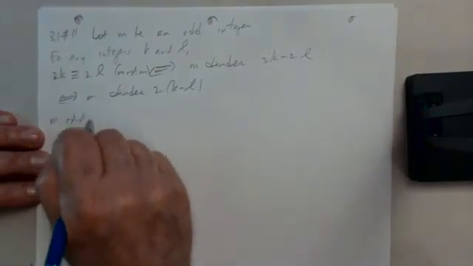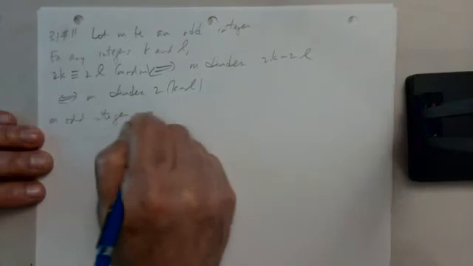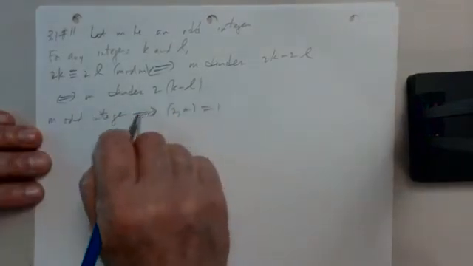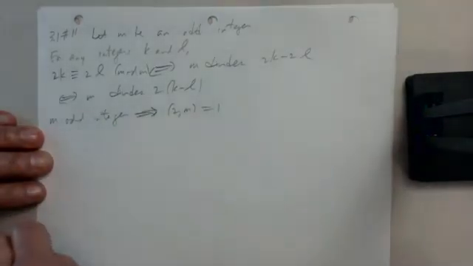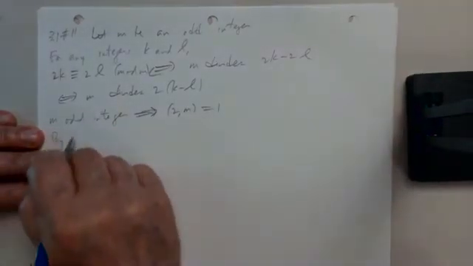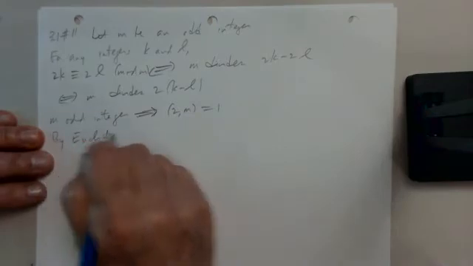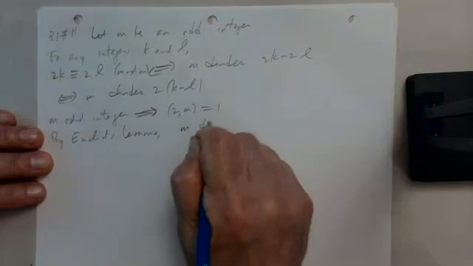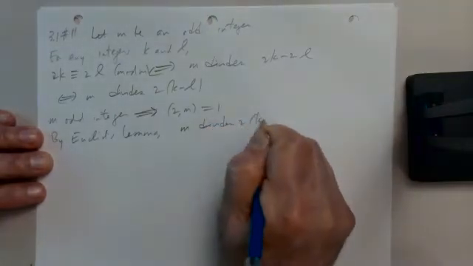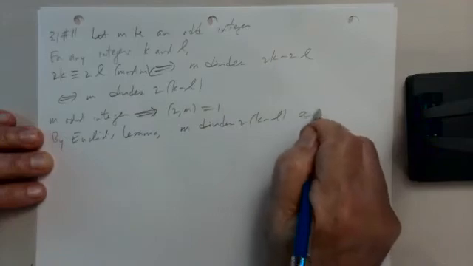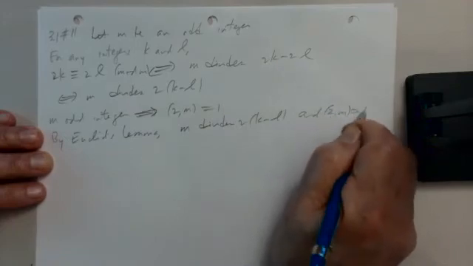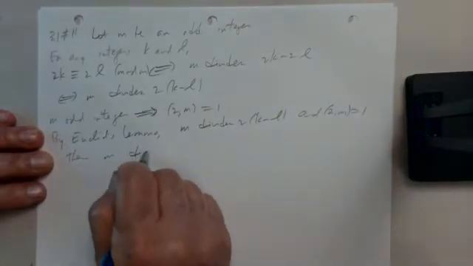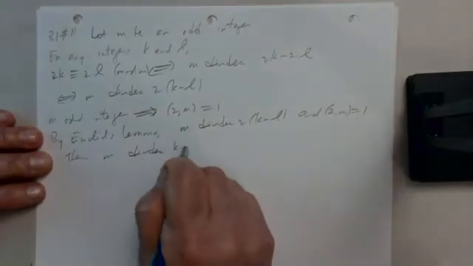So 2k is congruent to 2l mod m means m divides 2 times k minus l. But m is an odd integer, which means m and 2 are relatively prime. And by Euclid's lemma, if m divides 2 times k minus l, and 2 and m are relatively prime, then m divides k minus l.